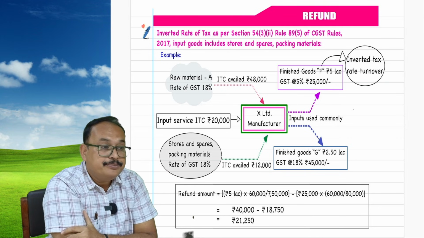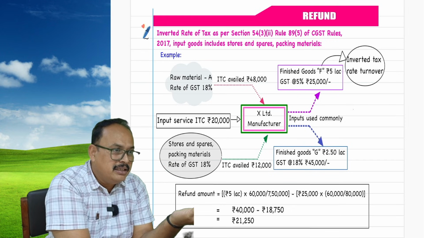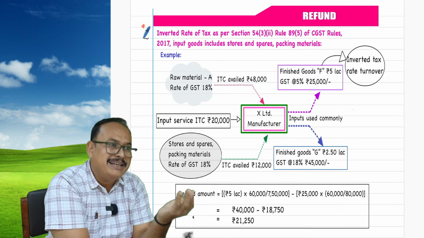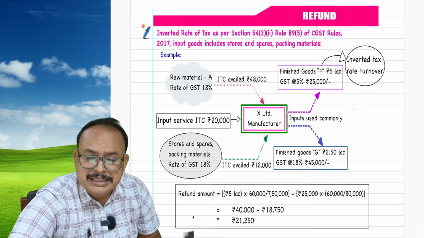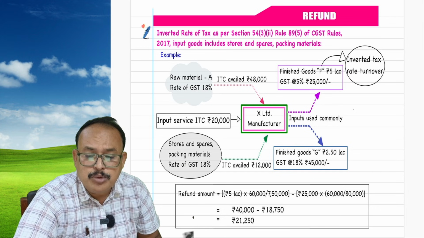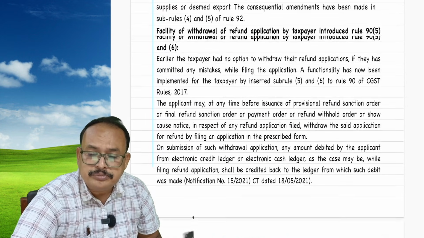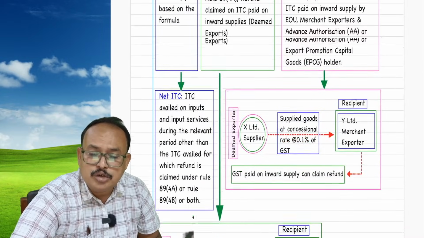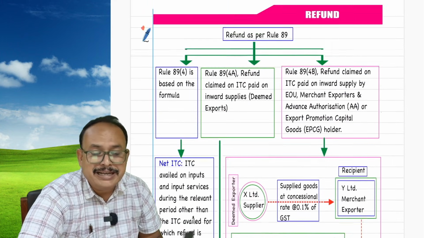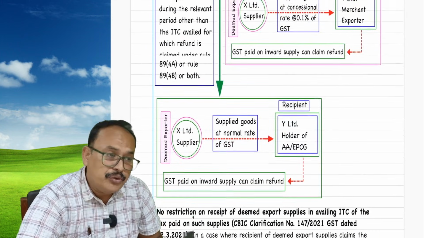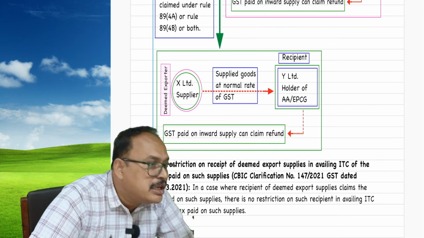But my dear, when you derive under rule number 89 sub rule 3 or 89 sub rule 4 or 89 sub rule 5, as the case may be, that is as per the formula, in the given case, whether rule 89(4) formula or rule 89(5) inverted structure, whatever it may be, the refund is subject to the following parameters.